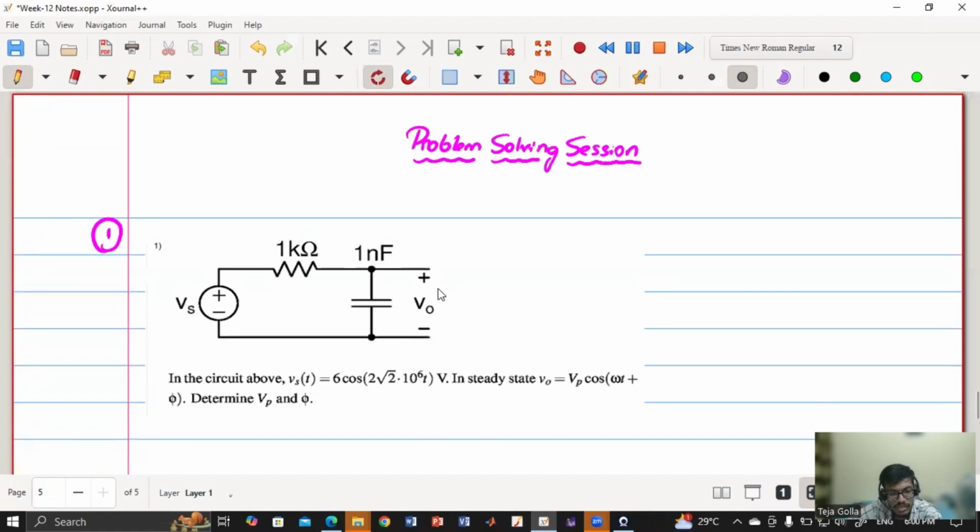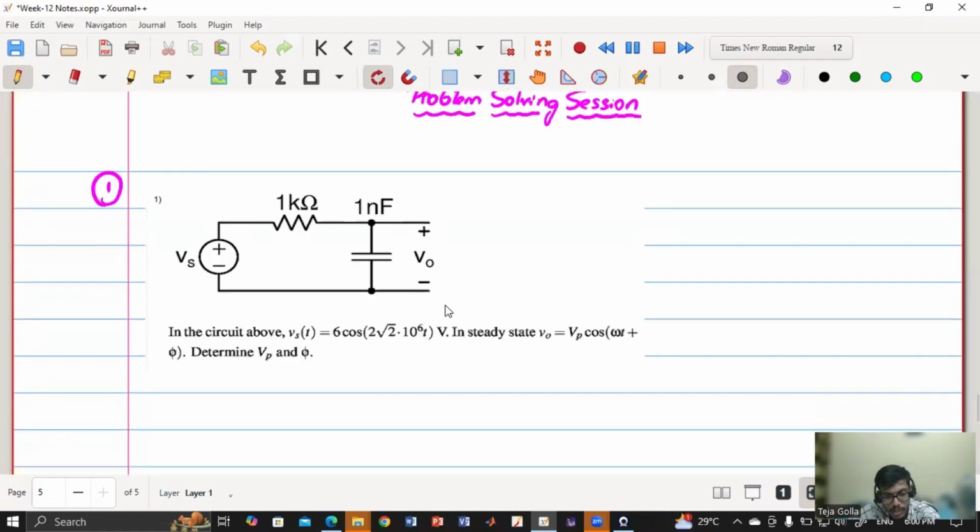Okay, so Vs is equals to 6 cos 2 root 2 into 10 to the power 6 into t. So what is omega in this problem? 10 power 6. Into 2 root 2 is also there, right? Yeah, 2 root 2 into 10 to the power 6.